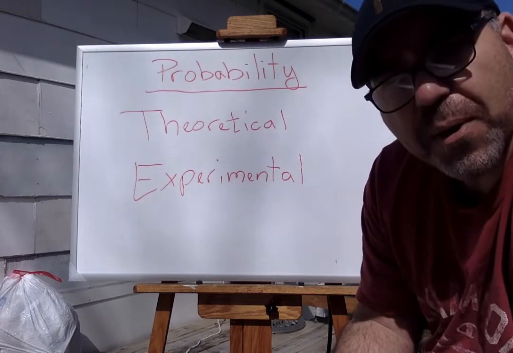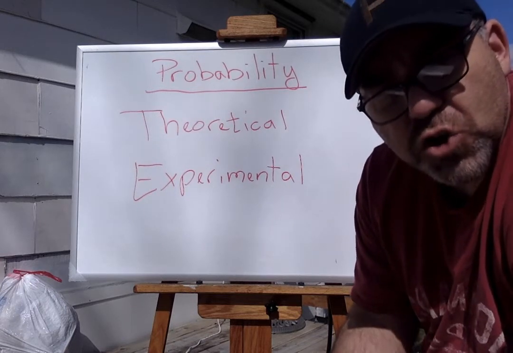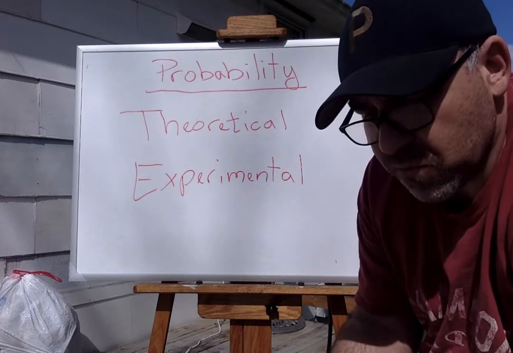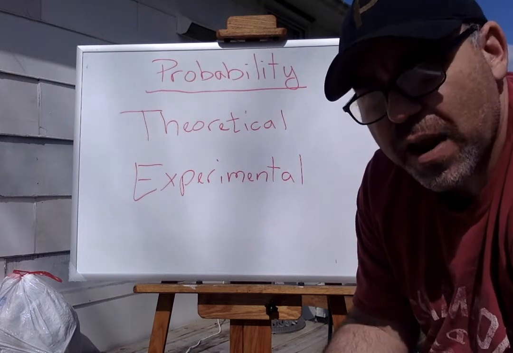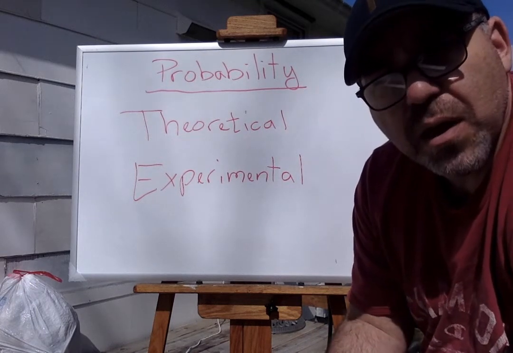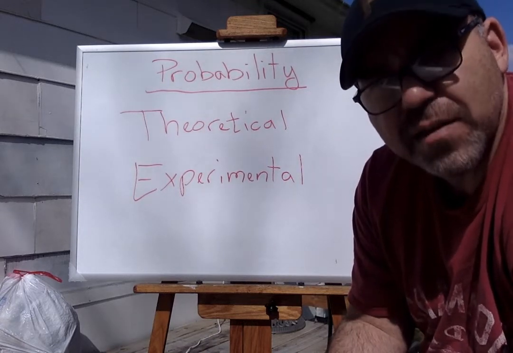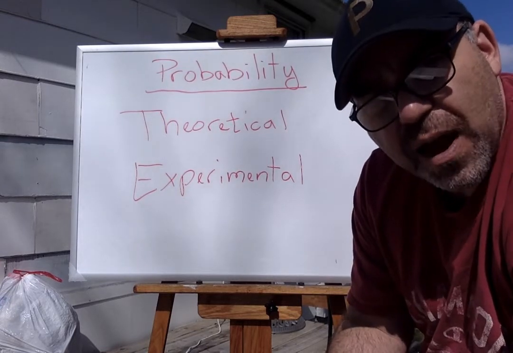But anyway, let's get back to this. Theoretical is what should happen. If everything were perfect and there were no differences, no wind, you flipped the coin with the exact same amount of strength, everything was perfect, you did it in a vacuum, theoretically, you should get heads and tails the same number of times. Same idea with a die.